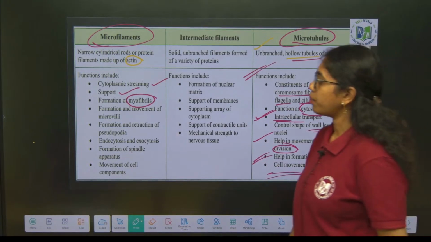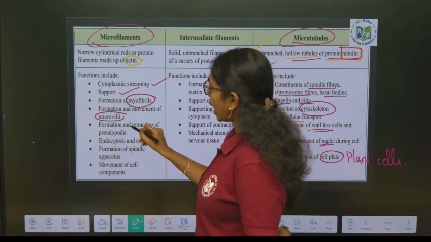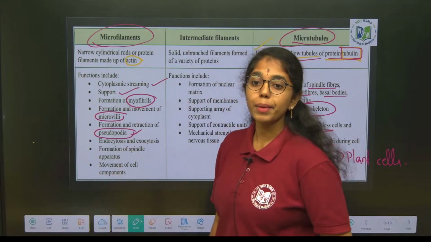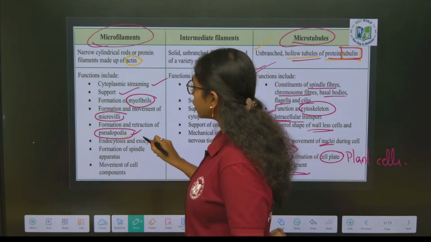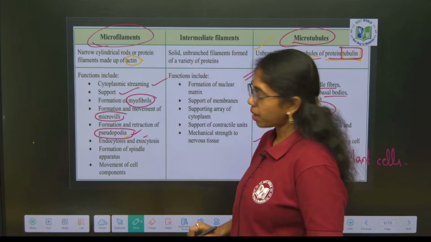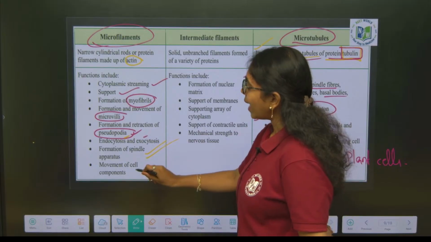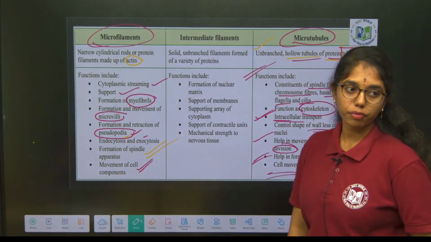And formation of microvilli in small intestine and formation and retraction of pseudopodia in some amoeboid protozoans like Entamoeba, and then endocytosis, exocytosis, movement in Paramecium, formation of spindle apparatus during cell division and movement of cellular components. These are the functions of microfilaments.